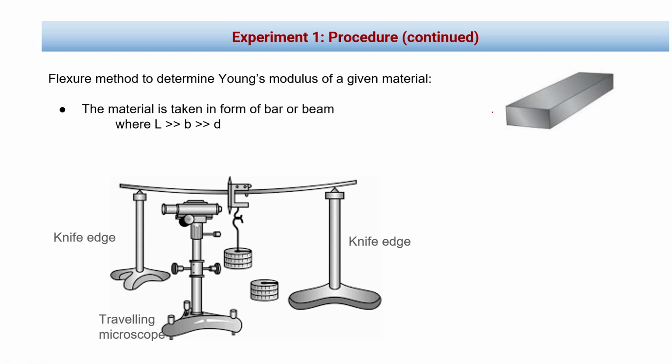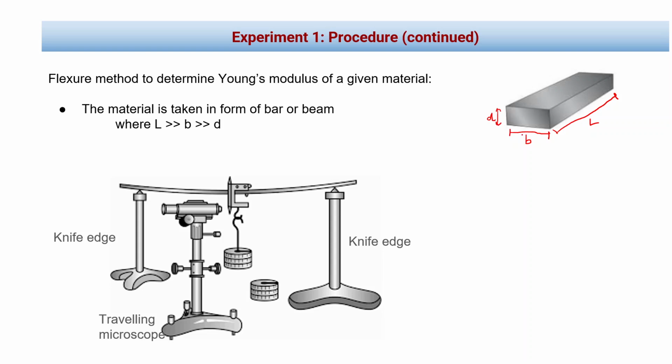we should keep in mind the dimensions. So this is a bar or a beam, it is a cuboid kind of shape. Here this is the length, this is the breadth or width, you can call it, we denote it by small b, and this is the depth or the thickness of this bar.